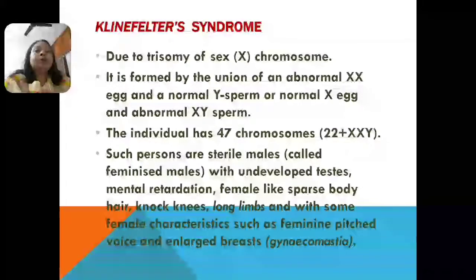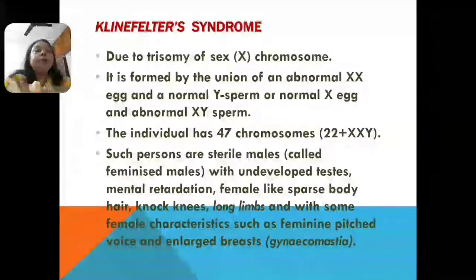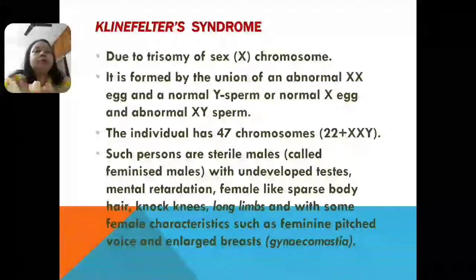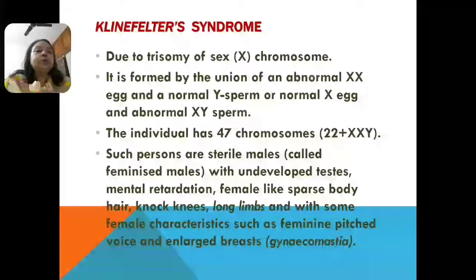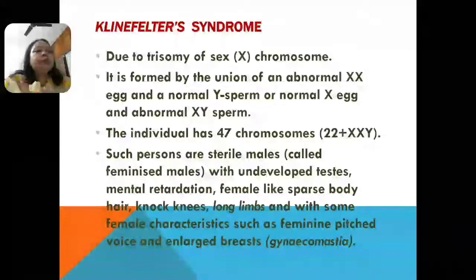If there is an abnormal XY sperm, the individual has 47 chromosomes instead of 46. Means 22 autosomes plus double X and Y chromosome. Such persons are sterile males.